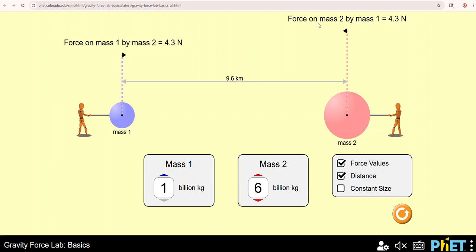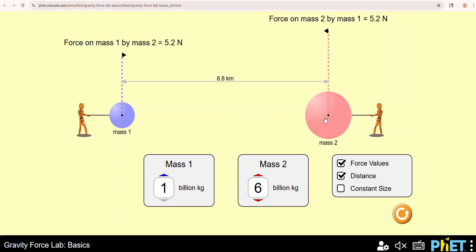And the force on mass 2 due to mass number 1 will also be equal to 4.3 newtons. So of course, the gravitational attractive force between the two masses is always going to be the same. And another important element here is to remember that the gravitational force is always an attractive force.